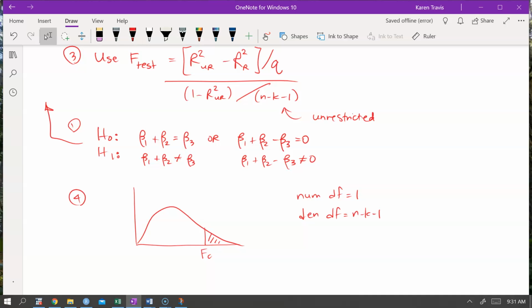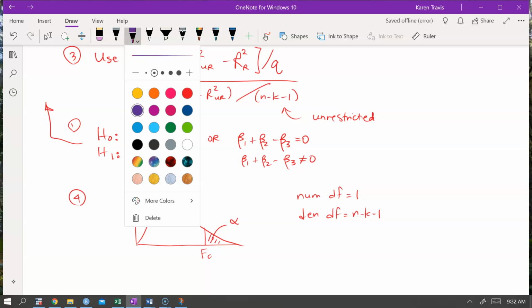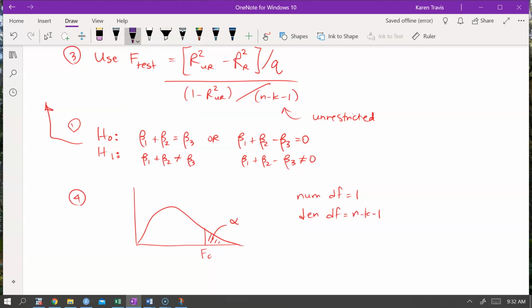If we reject the null, in this case what we're saying is it's not true that beta 1 plus beta 2 is equal to beta 3 in the population. If we do not reject the null, then we're only able to say that we've not been able to prove that the sum of beta 1 plus beta 2 is not equal to beta 3.